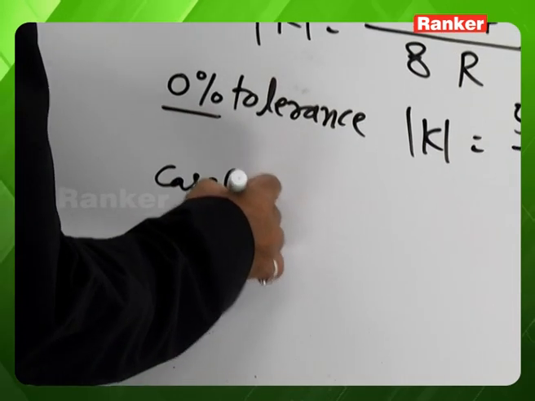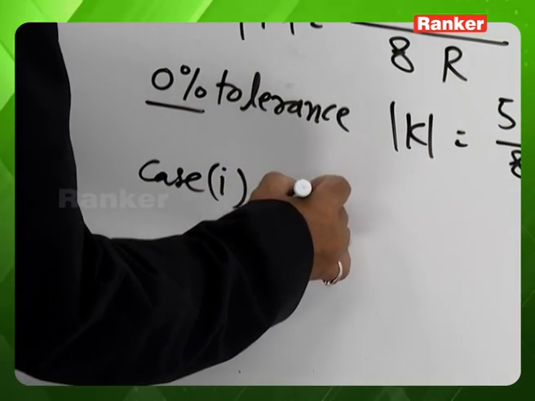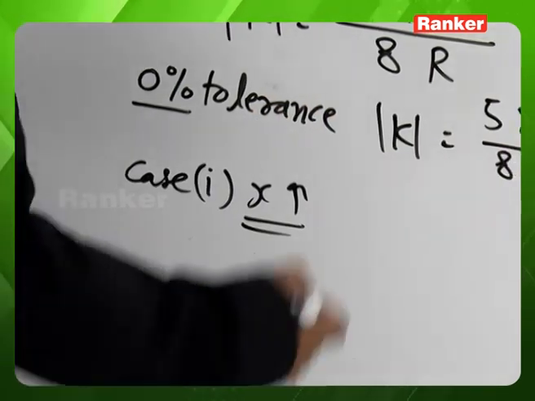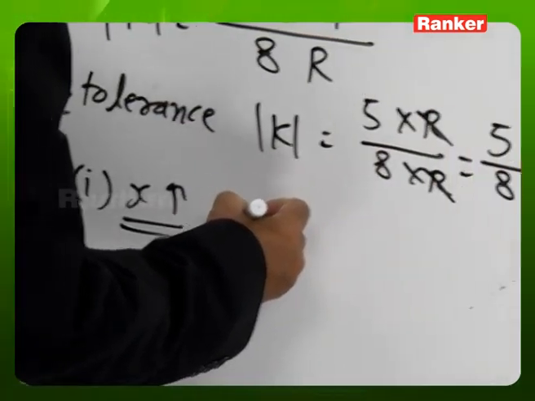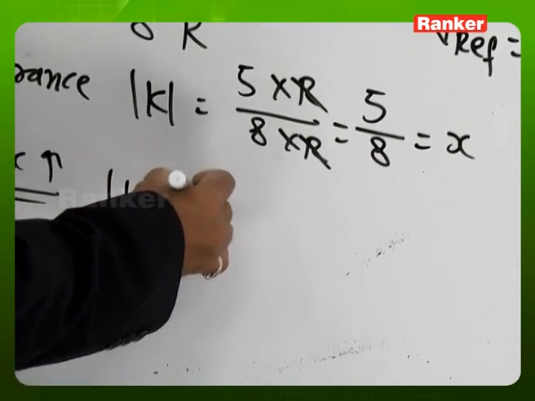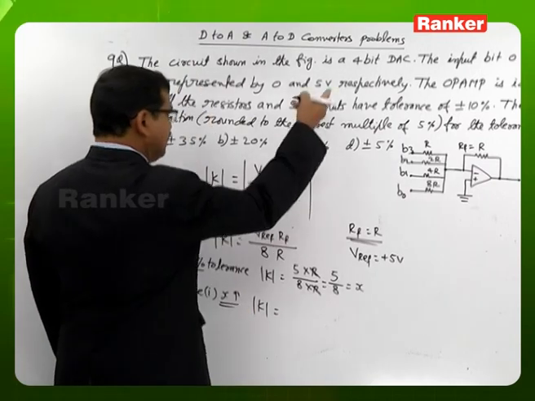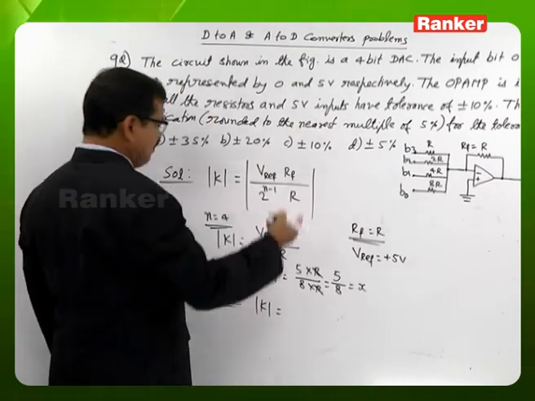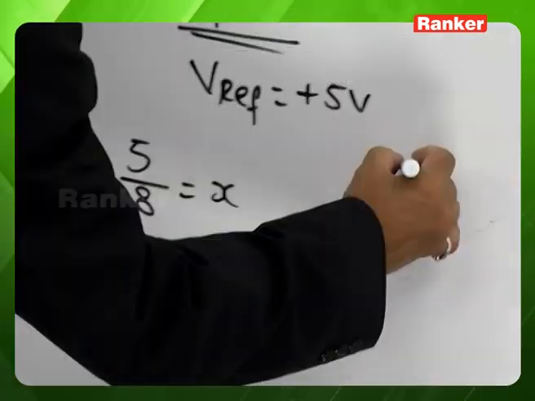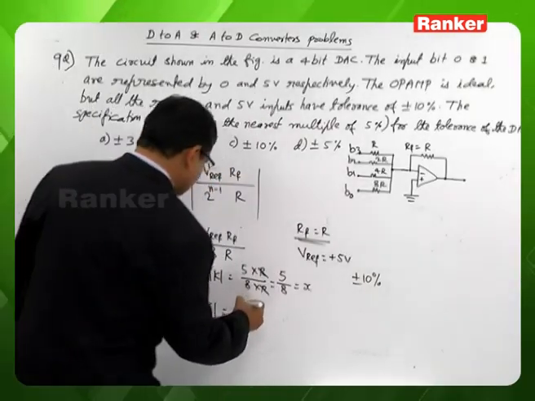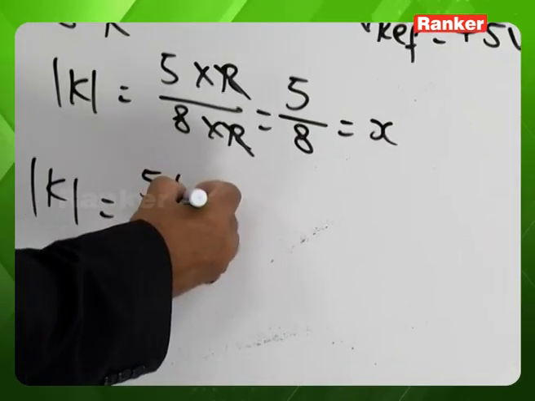Case 1 is whenever K is the most positive value. Whenever K is the most positive value, V reference will be on the upper side. It is plus or minus 10%, so on the higher side you have to look, the higher side is coming to be 5.5.